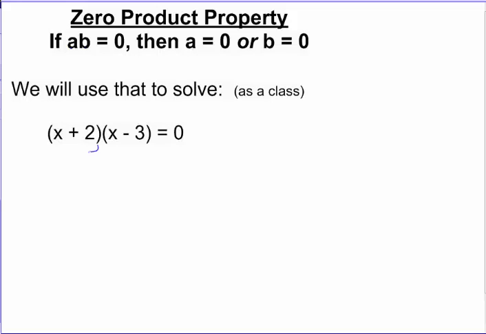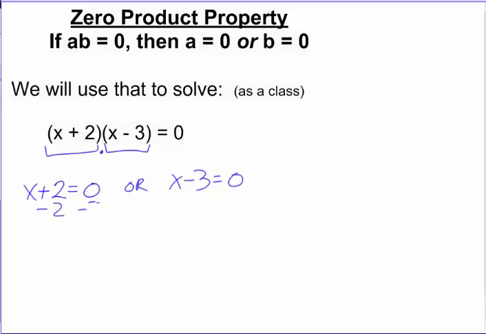So I'm taking this expression times this expression, I'm multiplying those two together. When I multiply, they equal 0. So that means either the x + 2 part is equal to 0, or the x - 3 is equal to 0. Then you solve those two equations. That'll give you your possible solutions.